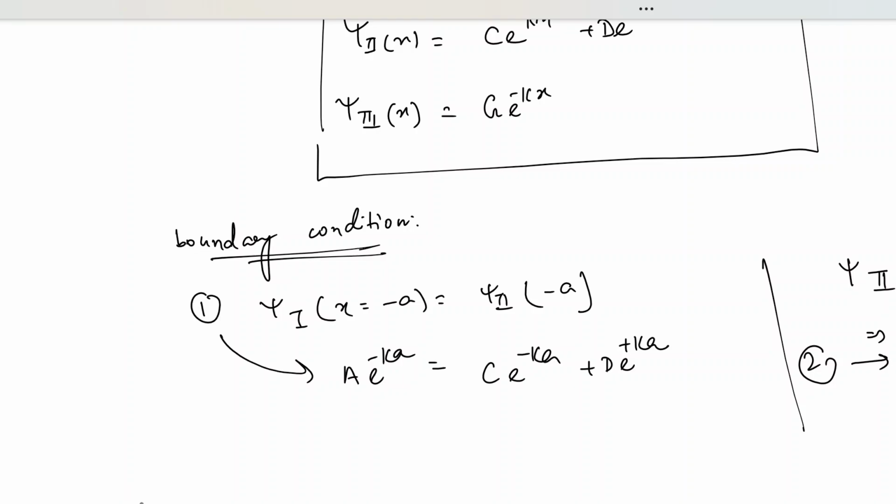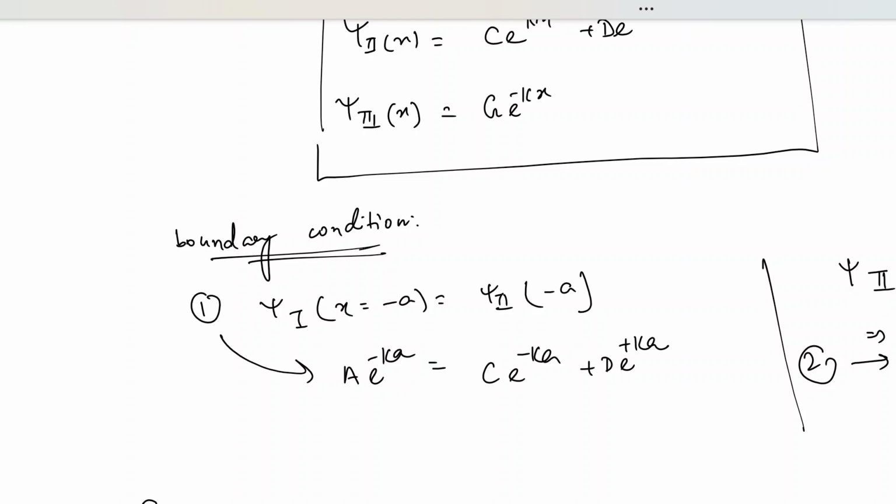Then the discontinuity of del psi del x will give rise to the third condition, which you can check from the Dirac delta function potential. How did you solve it for a single Dirac delta potential?